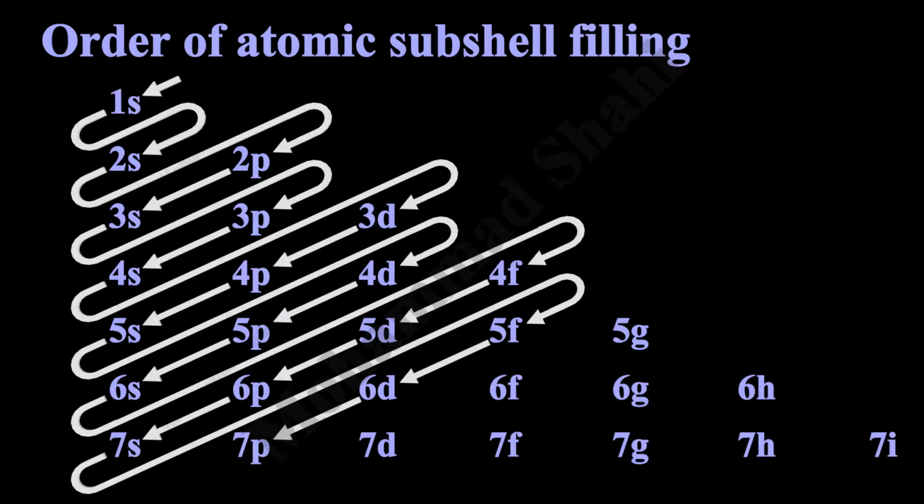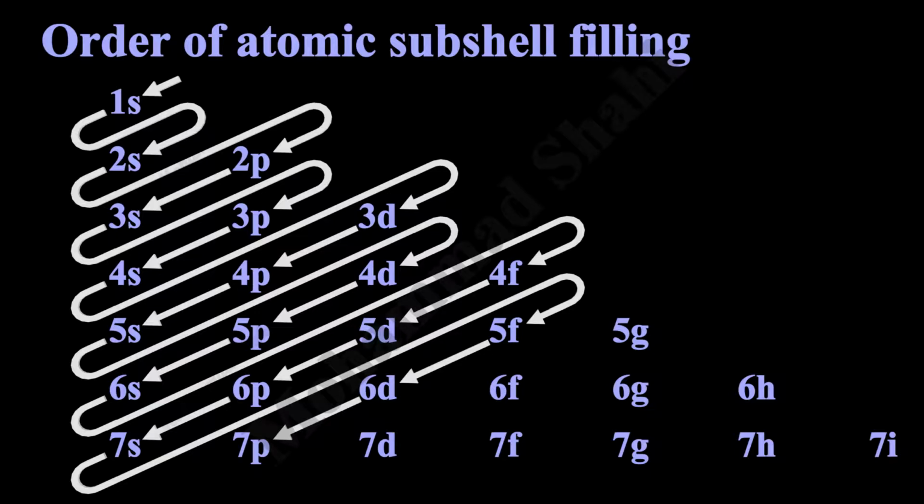In fact, this order of filling is a reflection of the order of energy levels of atomic subshells, since based on the Aufbau or building up principle, orbitals are filled in the order of increasing energy levels, or in other words, orbitals with lower energy levels are filled before the ones with higher energy levels.